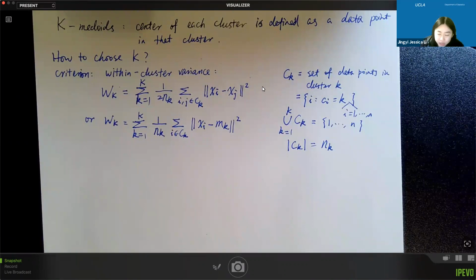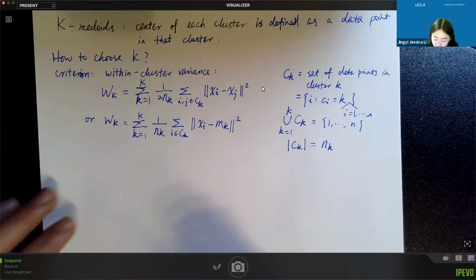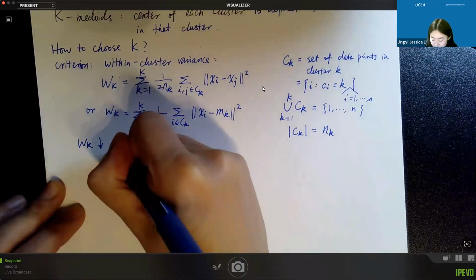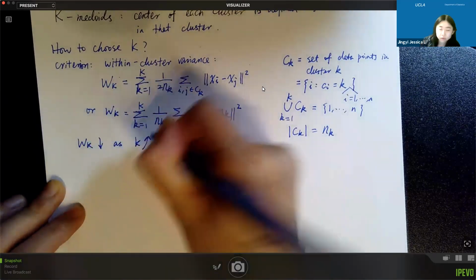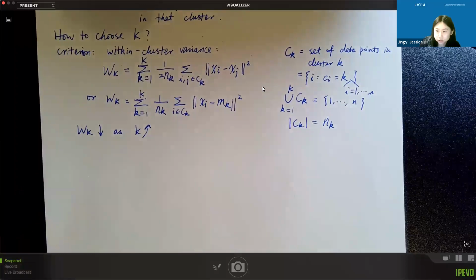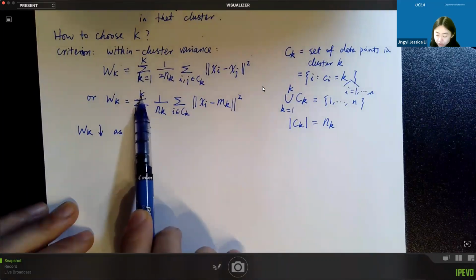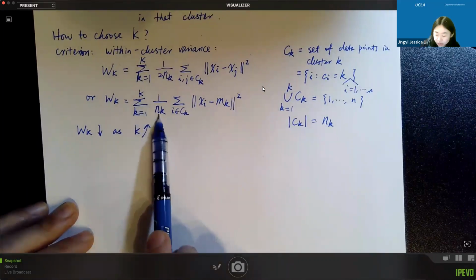But as we said, our intuition tells us that WK goes down as K goes up. The more clusters we have, the smaller WK we would have. You can imagine, if I set capital K equal to N, then each NK is 1, and I will have 0 here.